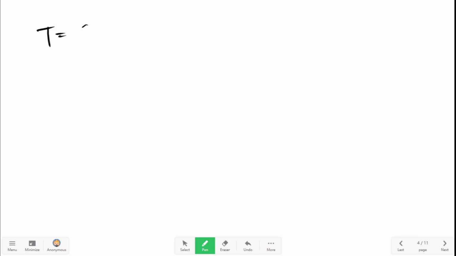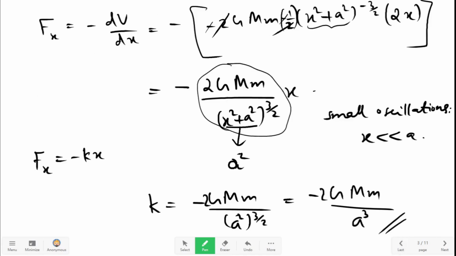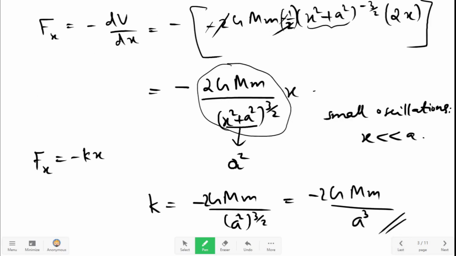T is equal to 2 pi by omega, and omega is equal to root of k by m. Therefore T is equal to 2 pi into root of m by k. Then T will be equal to 2 pi times root of m divided by the value of k. Actually this minus is not there.